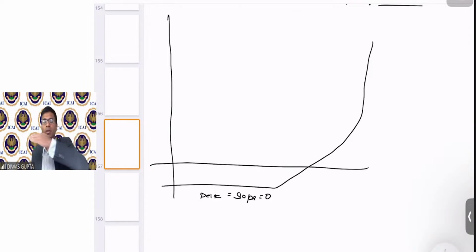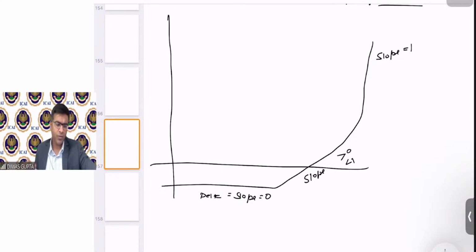Because if the slope is zero, the line becomes horizontal, right? Here, the slope is actually greater than zero, but less than one, correct? And here, the slope becomes one. That is why the line becomes vertical. If the slope is one, the line becomes vertical, correct? So through this also, in a mathematical expression, we have discussed the slope, students.